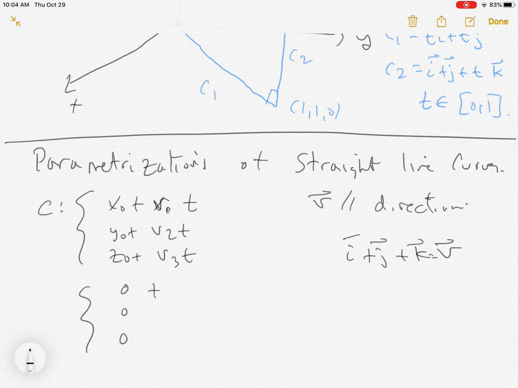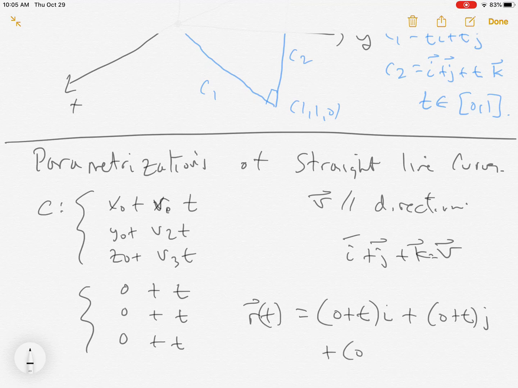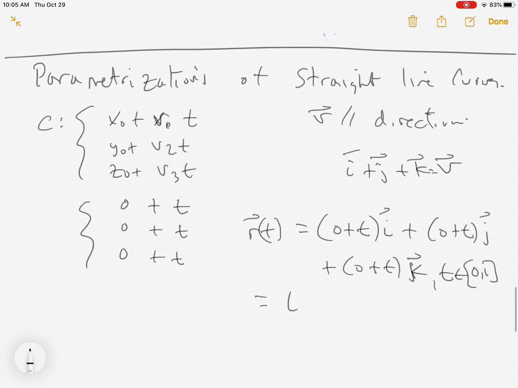So we get t, t, t. And so our parameterization turns out to be 0 plus Ti plus 0 plus Tj plus 0 plus Tk, and T runs from 0 to 1, which is what I gave you before.